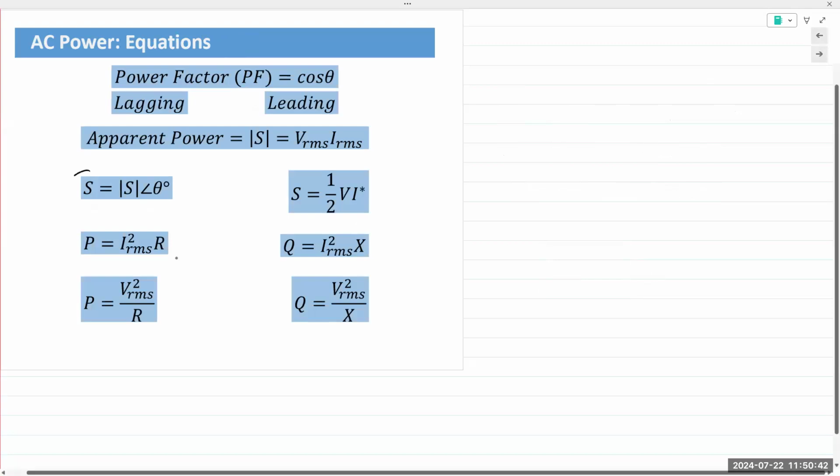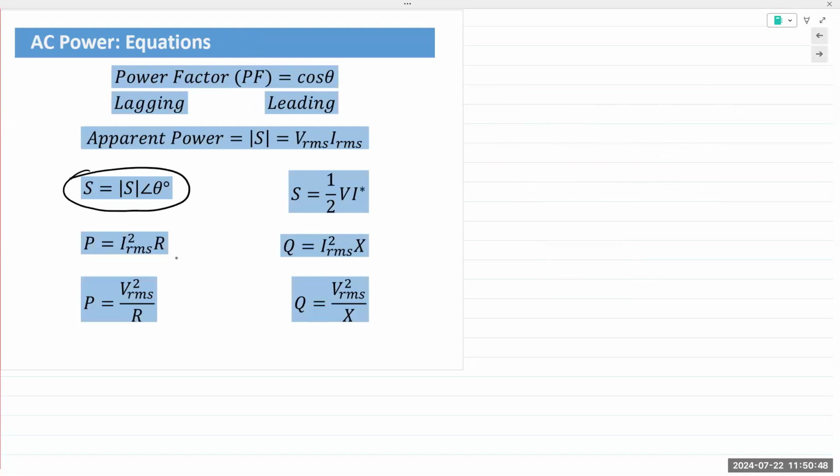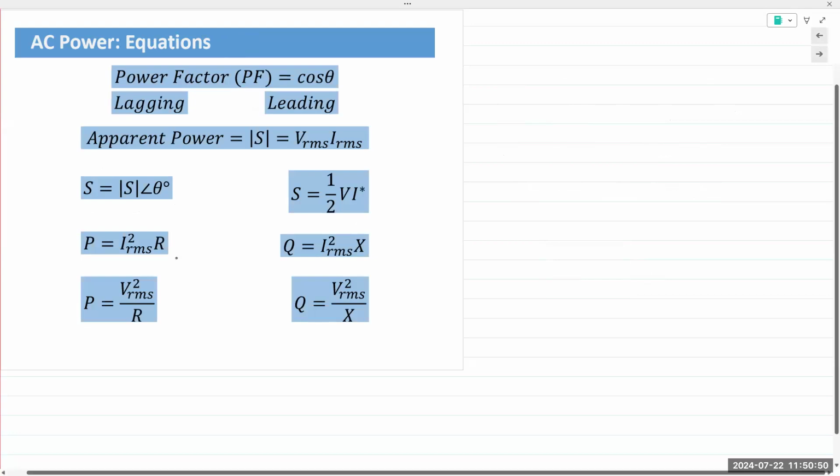So complex power S has magnitude and phase angle. So S has magnitude of S and phase angle theta. Magnitude of S is also defined as apparent power and given by the product of the voltage and current, Vrms times Irms.